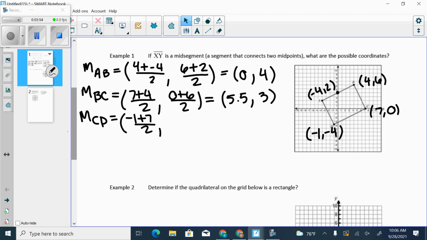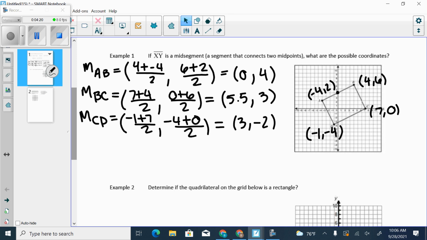And then y2 plus y1, divided by 2. All right, what is negative 1 plus 7? 6. What's 6 divided by 2? Good. Negative 4 plus 0? Negative 4 divided by 2? Good.